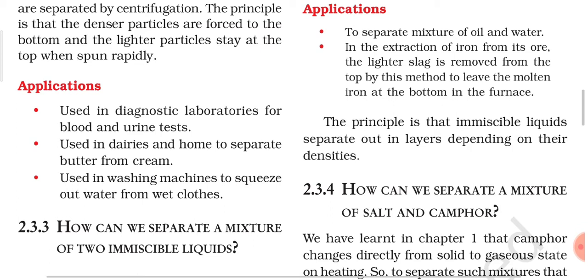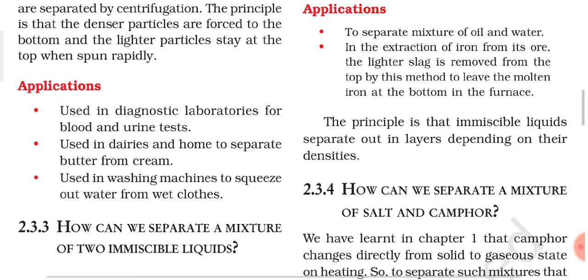We have learned in chapter 1 that camphor changes directly from solid to gaseous state on heating. The reason is that camphor is sublime in nature, and that is why it changes directly from solid to gaseous state on heating. So if we have a mixture of salt and camphor, we know that camphor is sublime in nature, whereas salt, which is sodium chloride, is not sublime in nature.